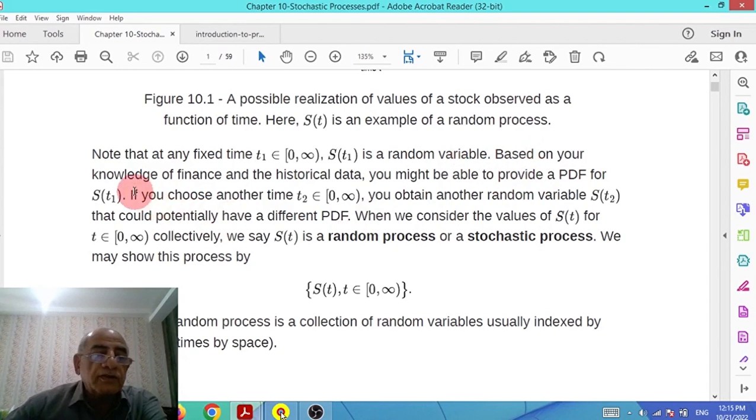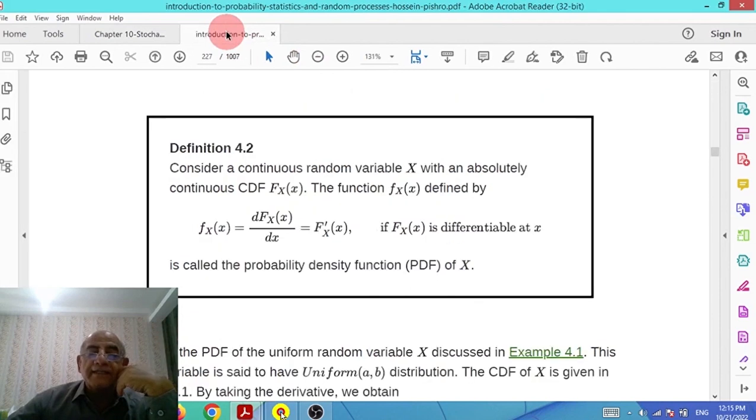Based on your knowledge of finance and historical data, you might be able to provide a PDF, a probability density function. Go back to the previous chapter of the book uploaded above, it is the same as this. This is the probability density function, denoted by PDF.